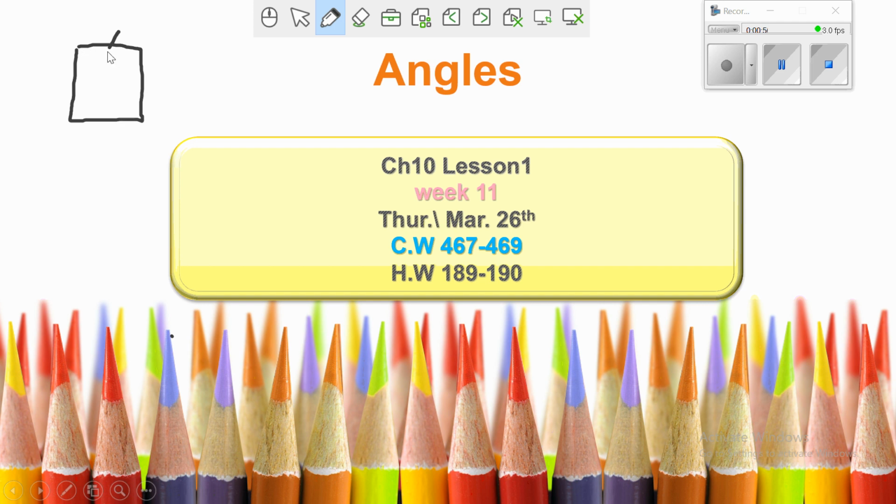I call these lines sides, and these points vertices, and the area between two sides that meet in the same point, we call it an angle. So this is our lesson about angles, and finding the different types of angles.